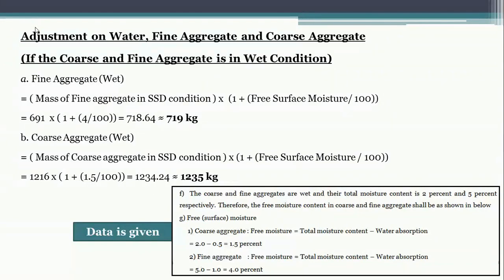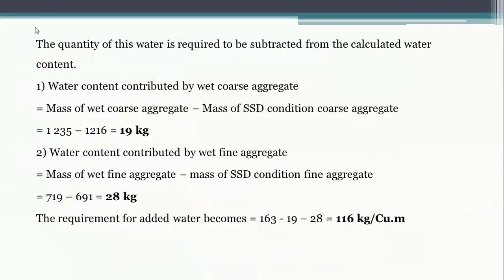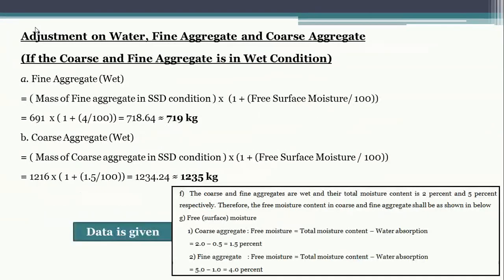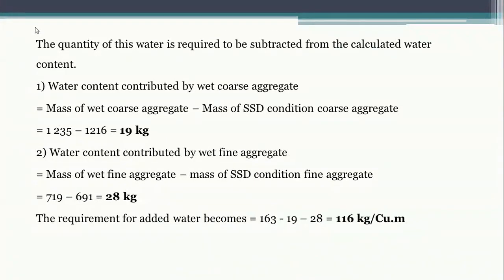So you can see the difference between the values in the SSD condition as well as in the wet condition. Now, what is the quantity of water to be subtracted from the calculated water content? So the water content that is contributed by wet coarse aggregates. Mass of wet coarse aggregate is 1235 after calculating in this slide, and the mass of SSD coarse aggregate is 1216.